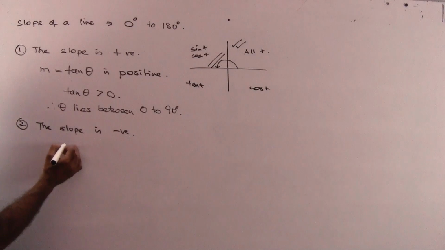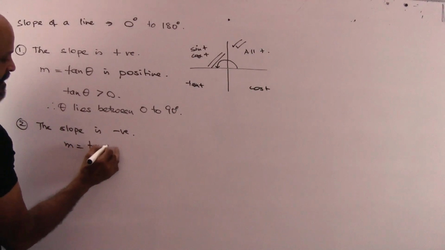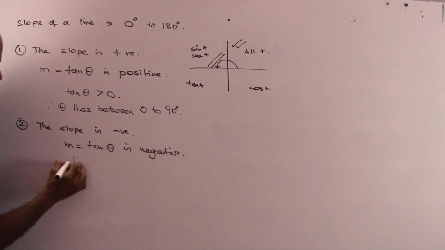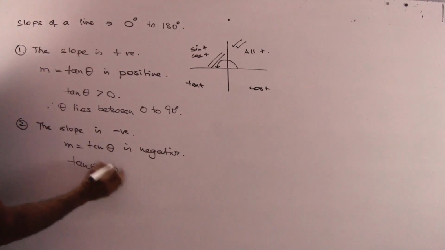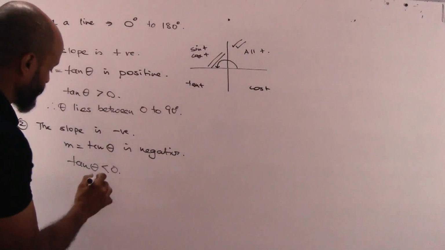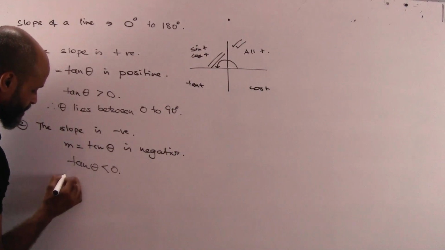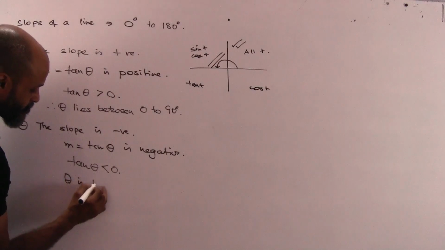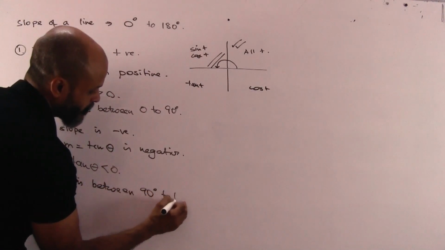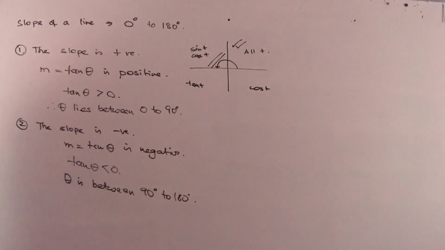So if the slope is negative, then m is equal to tan theta is negative, which means that tan theta is less than 0. If tan theta is less than 0, it means that theta is between 90 to 180 degrees.